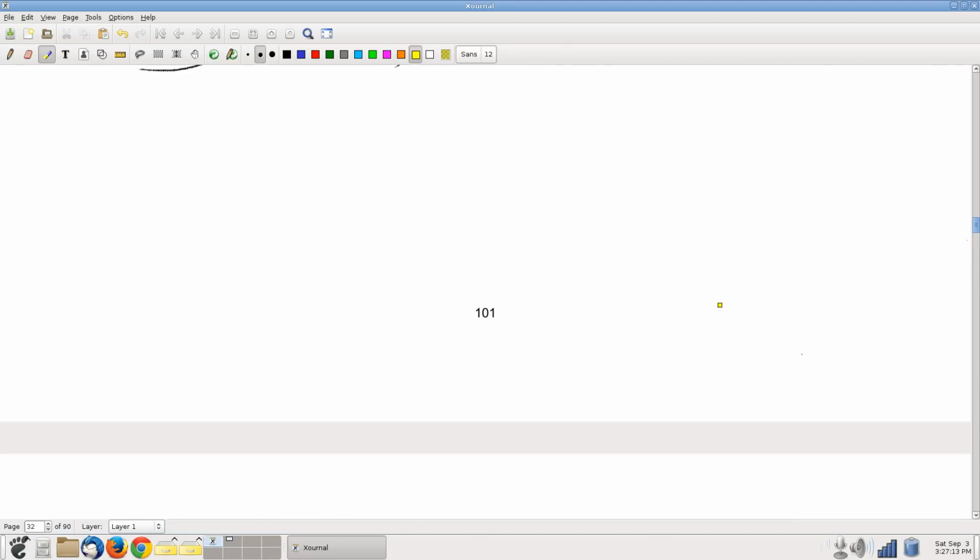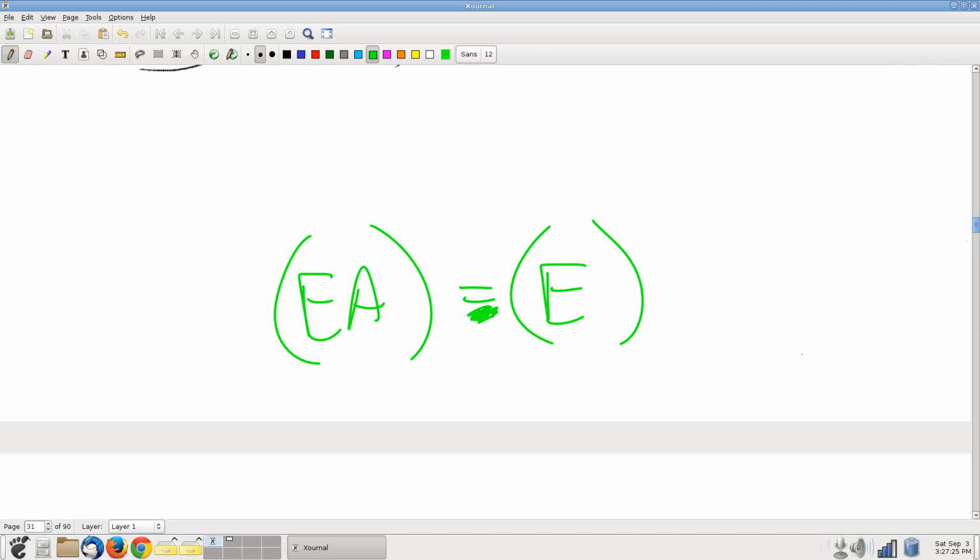Let's give ourselves a little bit of space to work here. EA is E times A, and think about how matrix multiplication works.